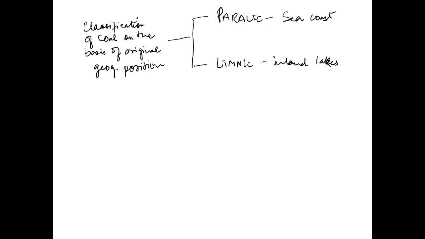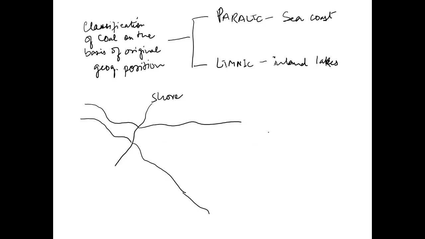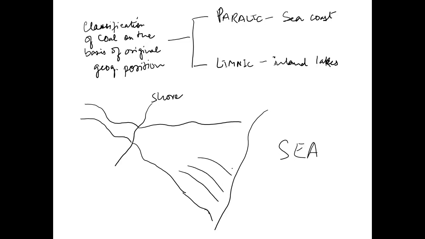Now suppose that this is the shore and some river is coming in over here, and this is the open sea. So this portion may be the deltaic portion where the water of the river drains in the sea.